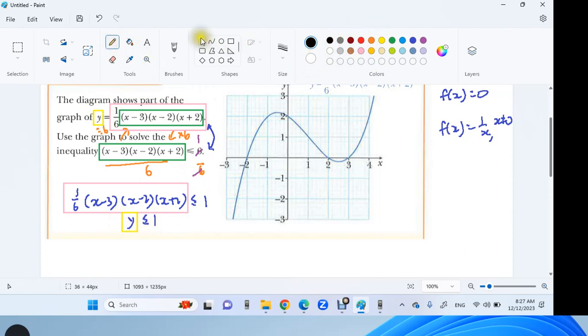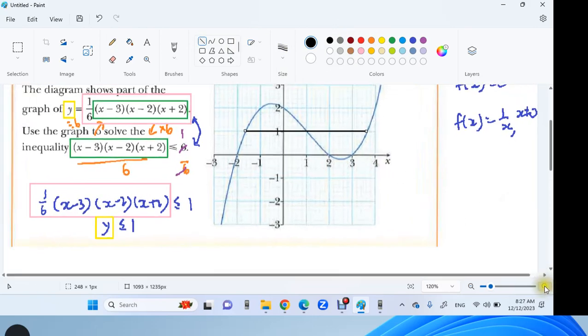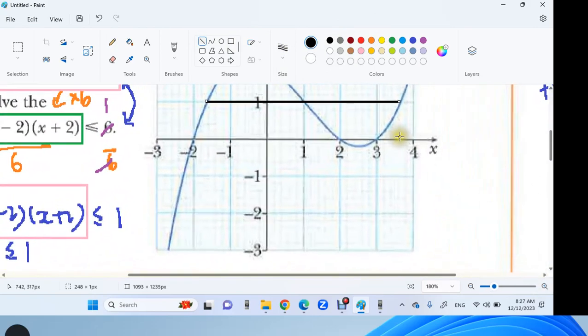So I want to find y less than or equal to 1. Then I draw here, and I look at the values. Actually, for these values you look at the textbook. What I can get is 1, 3.6, and negative 1.6, like this.